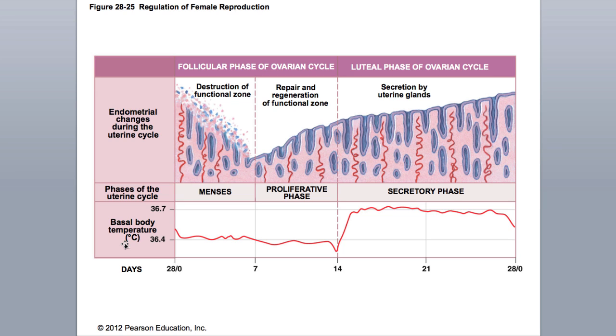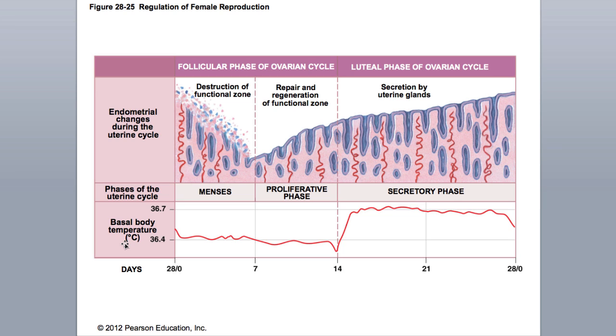When they see a rise in the body temperature about that time, and you don't know when that day 14 will be, it doesn't have to be on the day 14 of the month. Remember, cycles of different women are on different days. So their cycle may start in the middle of the month, the front of the month, the end of the month, we don't know. So at some day, which corresponds typically to their day 14, they're going to have a rise in body temperature.